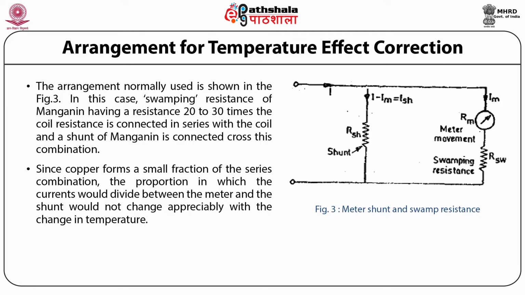Since copper forms a small fraction of the series combination, the proportion in which the currents divide between the meter and the shunt would not change appreciably with the change in temperature.